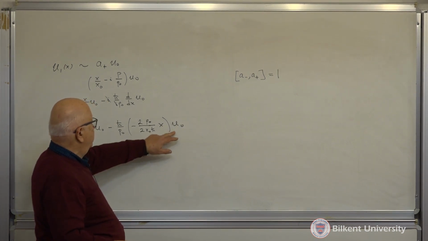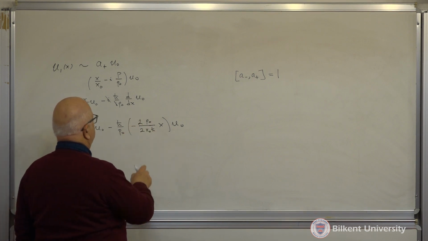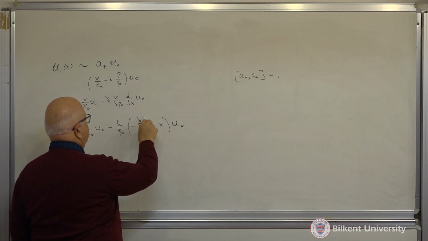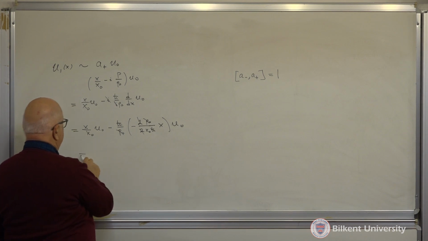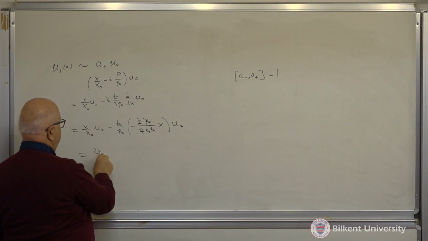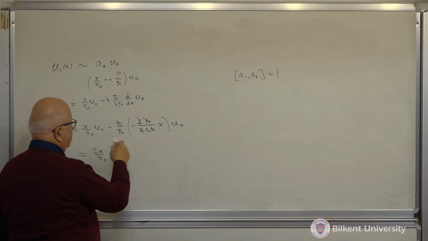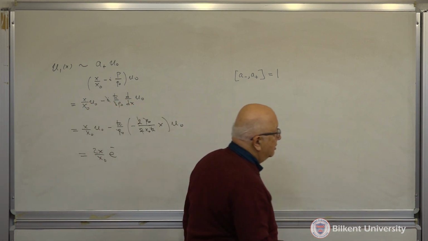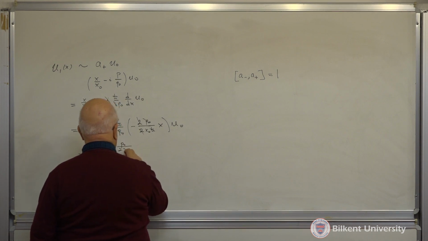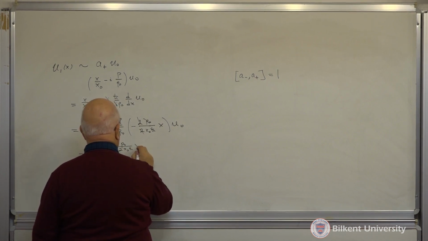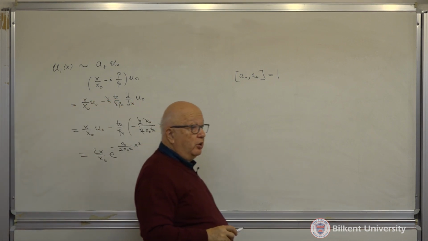So this is just the derivative of the Gaussian. It brings down this term. So certain stuff will cancel: the 2's cancel, p0's cancel, h bar's cancel. So you see, this is the same as the previous term. So I get 2x over x0 e to the minus p0 over 2 x0 h bar x squared. Okay, so this is the form of u1.